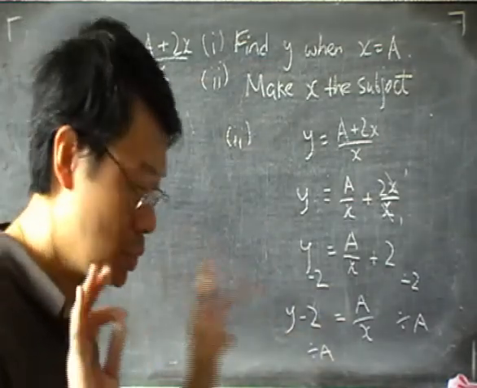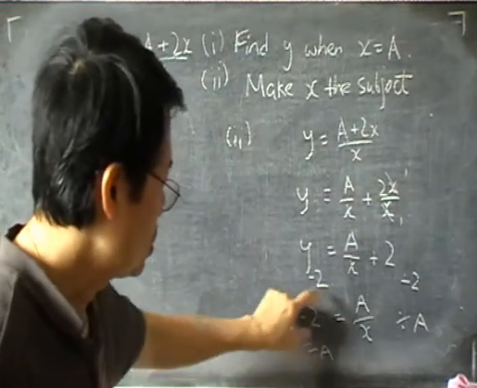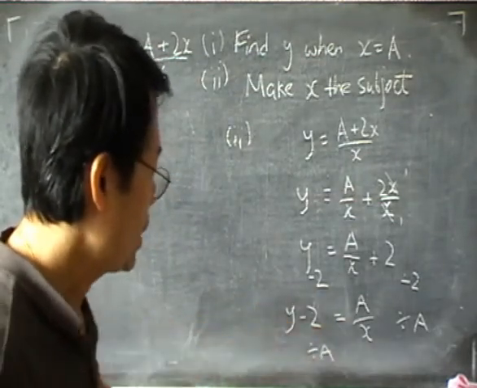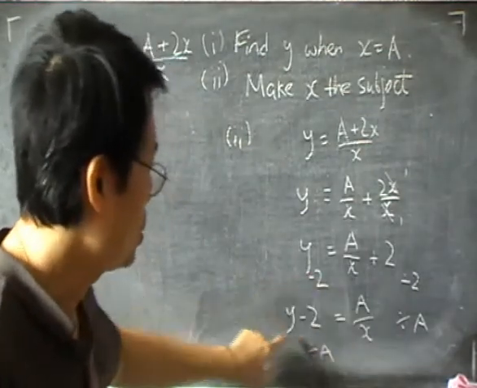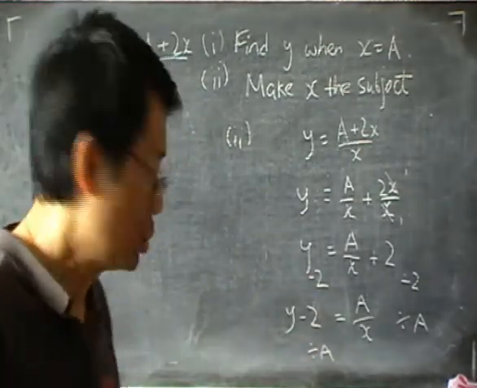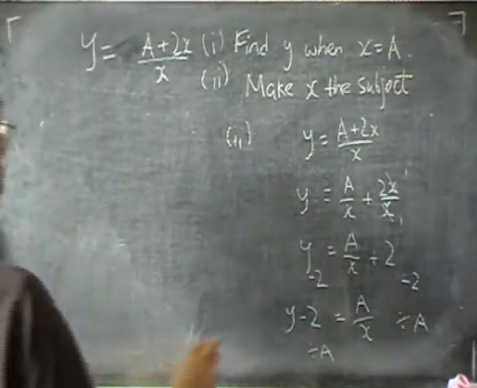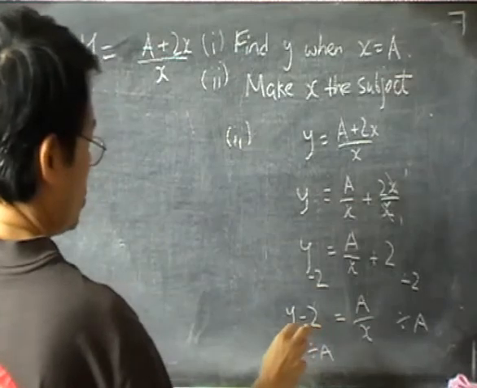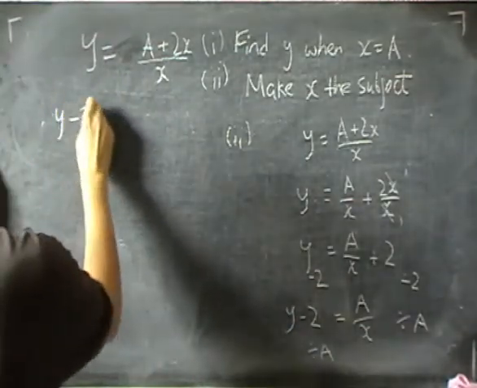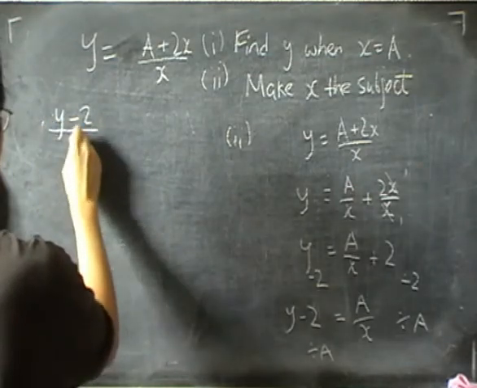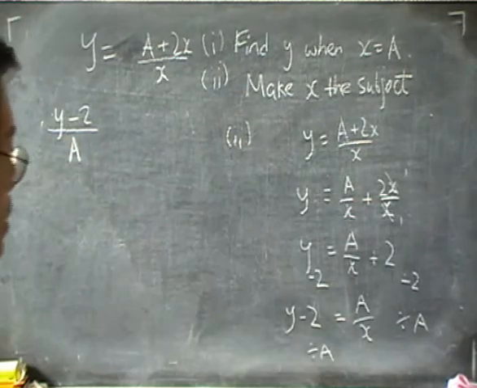So whenever we want to do something to each side, say I want to do something to the left side, remember that we must do it to the whole expression on this side and not just one of the terms. So if I have y minus 2 as a whole divided by a, it looks like this: y minus 2, the whole thing, divided by a.